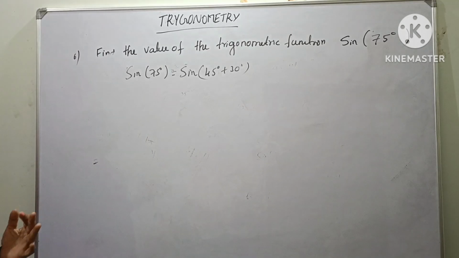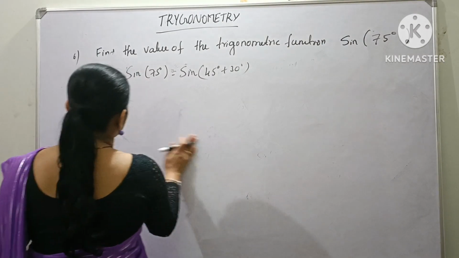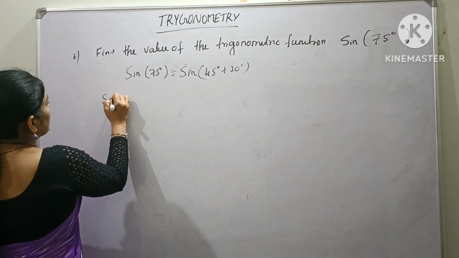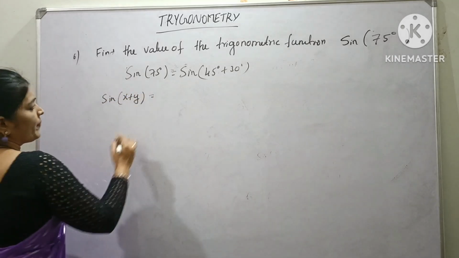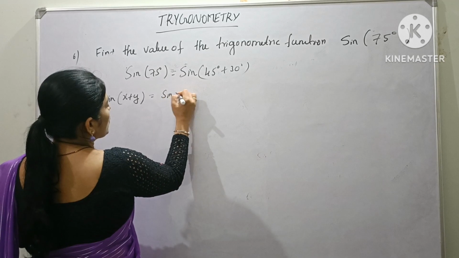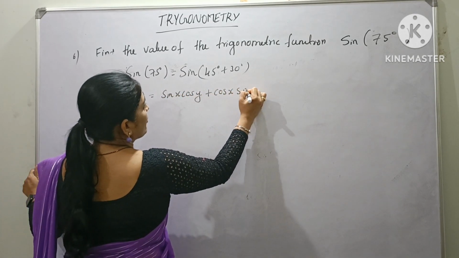Isn't it? 45 and 30 are standard angles, so we can write and apply the values. So here what is sine of x plus y? You should study this formula. Sine of x plus y is sine x cos y plus cos x sine y.